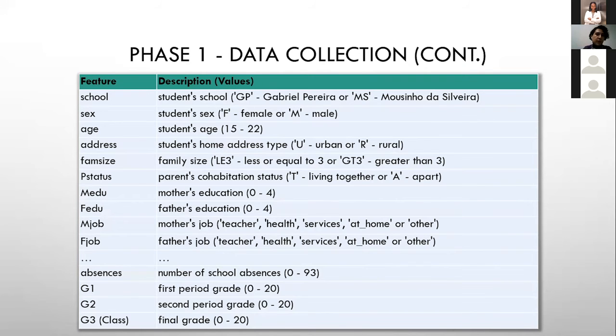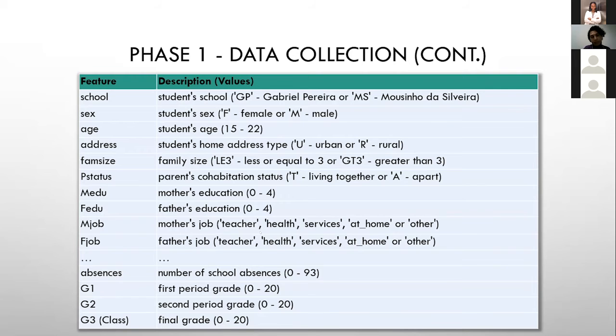That is school, age, address, family size, mother's education, father's education, free time, how much free time the students have, and if they drink during the week or just on weekends. So there are 33 features in this data set.